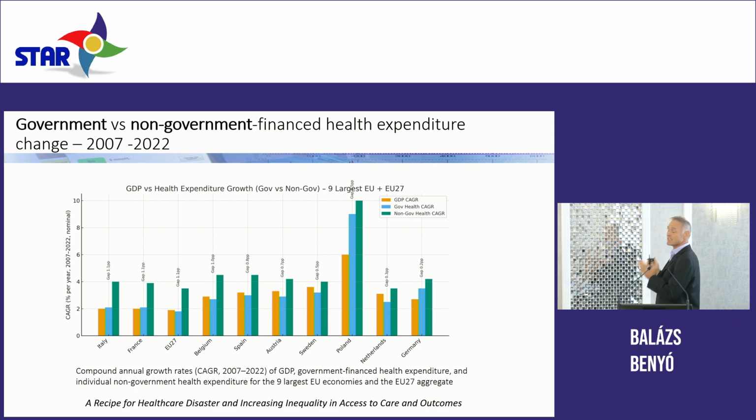These are the seven largest European states and the average in the European Union. We can see a clear shift: families finance their healthcare costs, and this will of course cause inequality in access to healthcare.